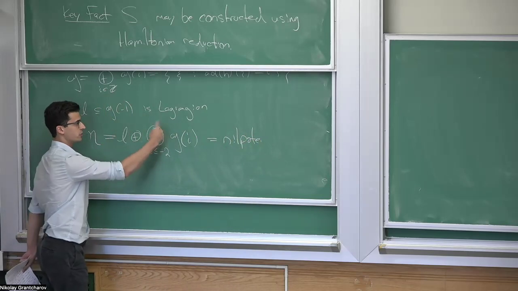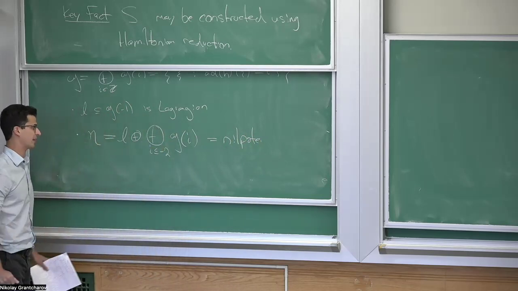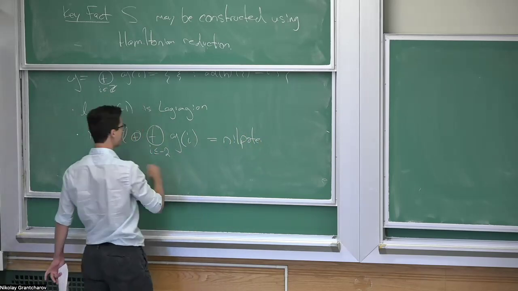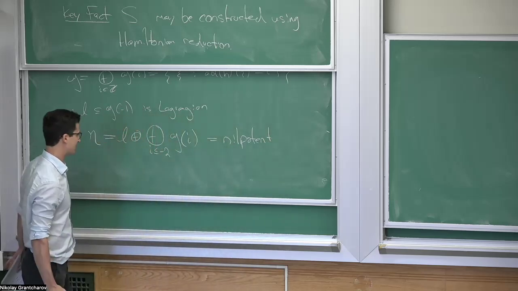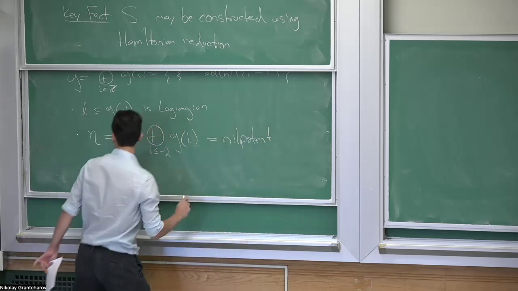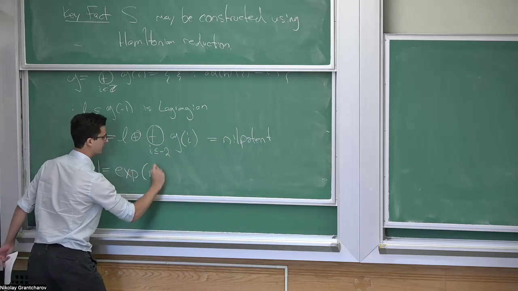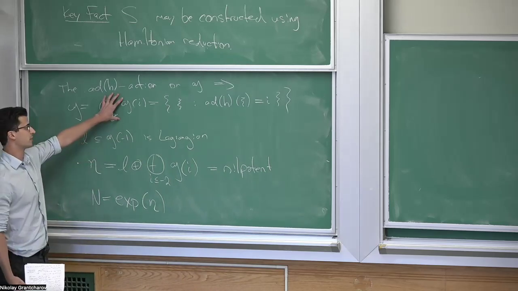This is just zero, and this is just the sum of all weights which are, let's say, less than or equal to minus two. So it's just the usual Cartan, n is the usual nilpotent. Yeah, it's very good to keep in mind the principal case. And then let N be this exponential. Yeah, in the principal case, only even eigenspaces survive.